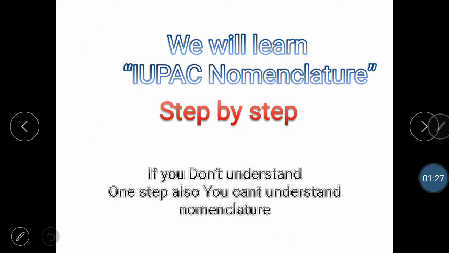We will be learning the IUPAC nomenclature step by step. Trust me guys, if you don't understand even one step, you can't understand the nomenclature. So follow each and every step, and practice every step I'm discussing here.